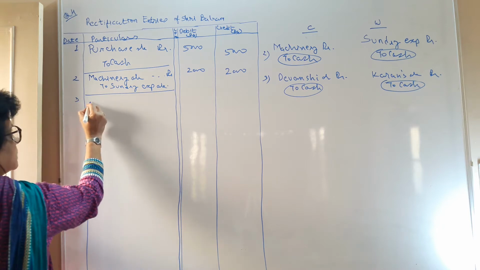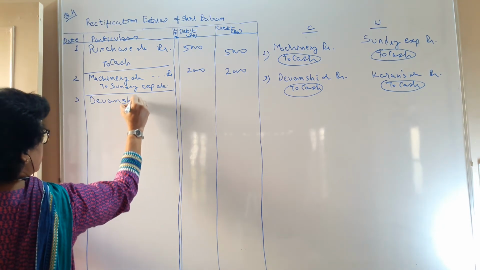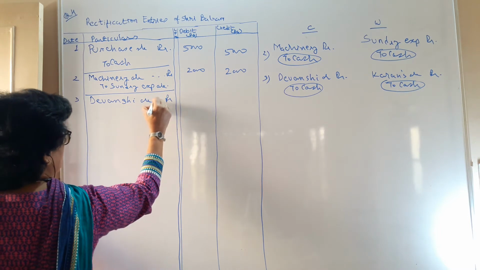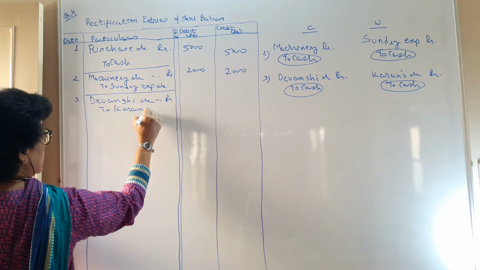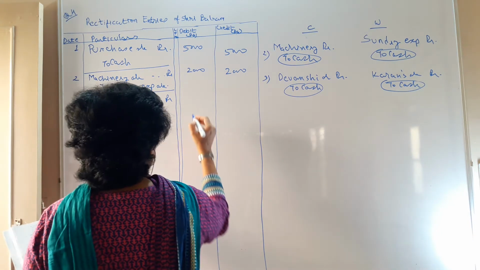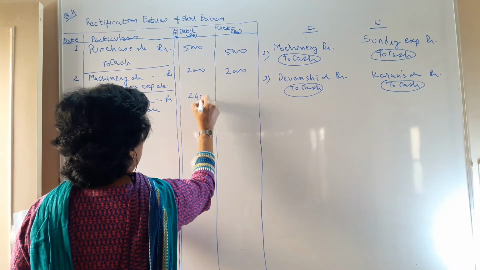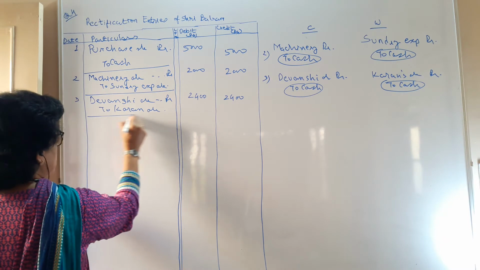Number 3: Devanshi account debit to current account. The amount of the transaction is rupees 2400. The narration you have to write is being rectification entry.